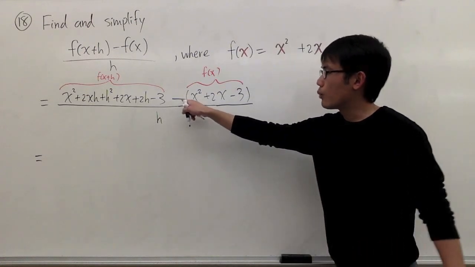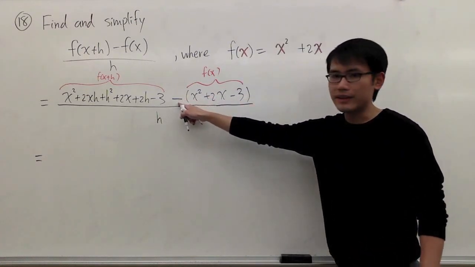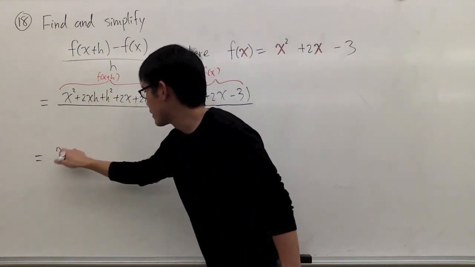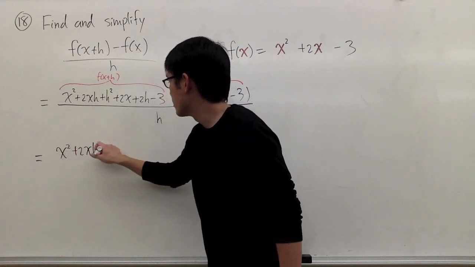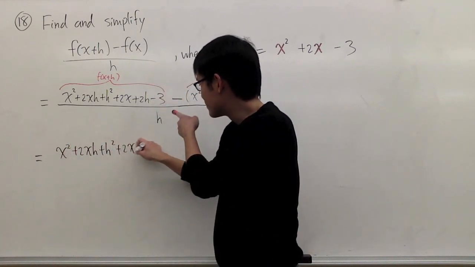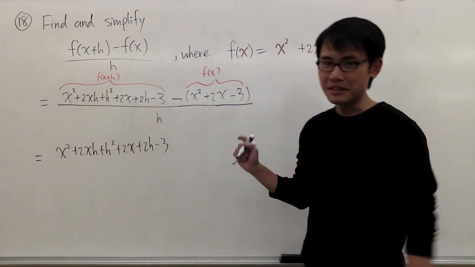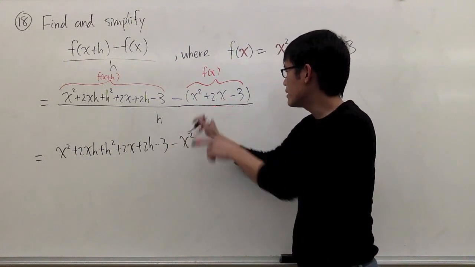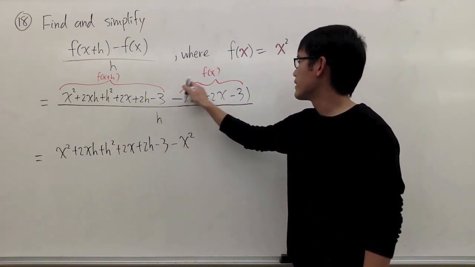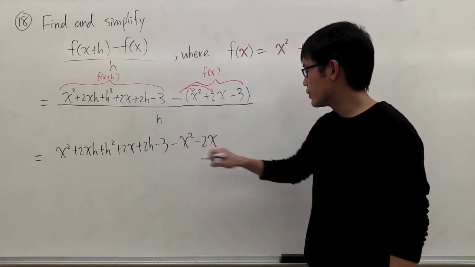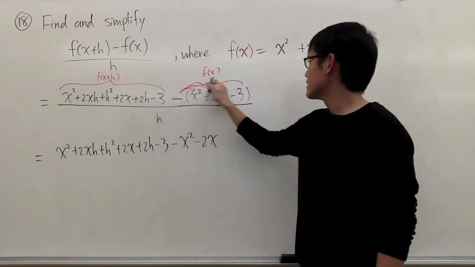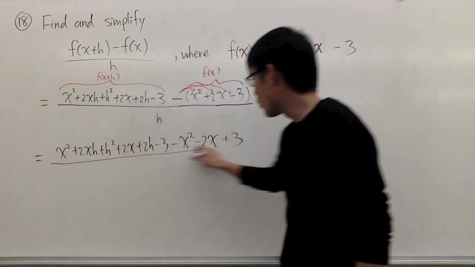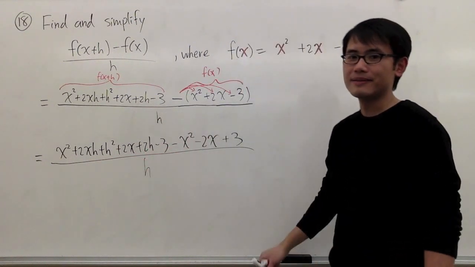As usual, when we have a negative in front of the parentheses, we have to distribute the negative inside. So the first part stays the same: x squared plus 2xh plus h squared plus 2x plus 2h minus 3. Distributing the negative, I get minus x squared, and then negative times 2x, I get minus 2x. Negative times negative 3, I end up with plus 3. All that, all over h in the denominator.